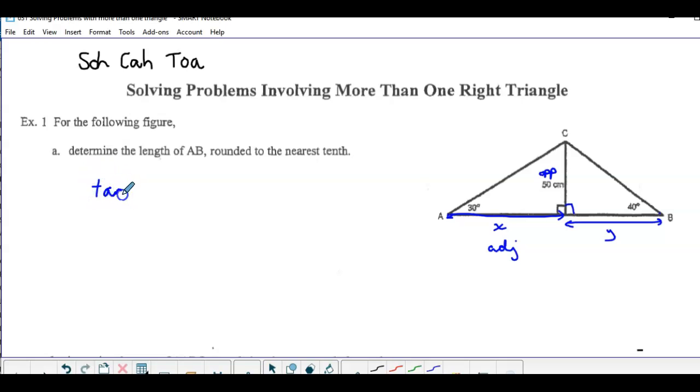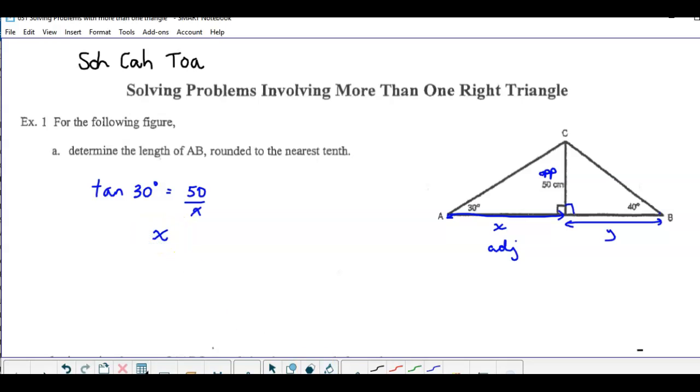So tan of 30 degrees is 50 over X. Now, when you have an unknown that's in the denominator, be really careful. We need to solve for X, which means we're going to have to divide.